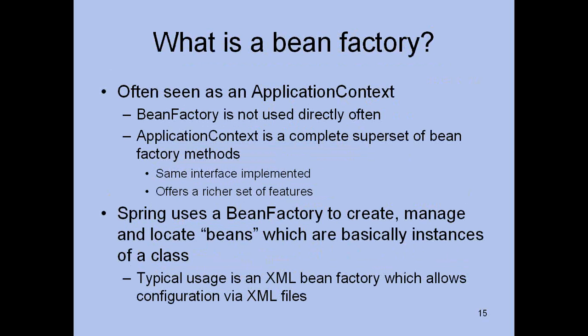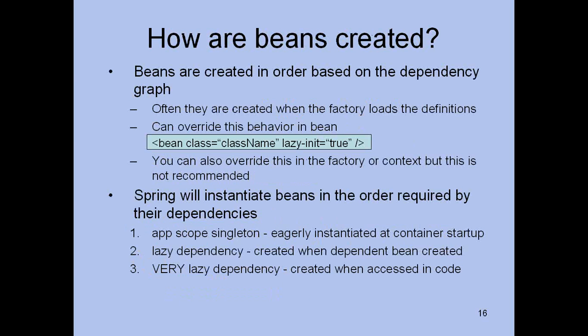So Spring uses bean factory to create, manage, and locate beans, which are basically instances of a class. Beans are created in the order they are defined in the configuration file. So they are created in the order based on the dependency graph. Once they are created, the factory loads the definitions. But we can also do a lazy initialization for the beans.